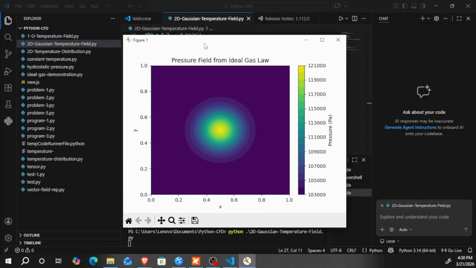As the temperature is highest at the center of the flow domain, and since the pressure is directly proportional to the temperature, the pressure is also maximum at the center of the flow domain. And as we move away from the center, the temperature decreases, and so does the pressure.